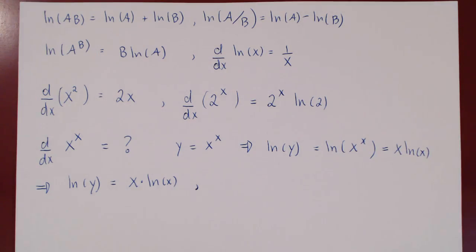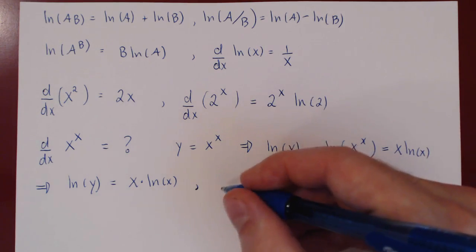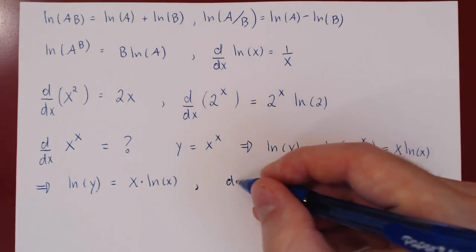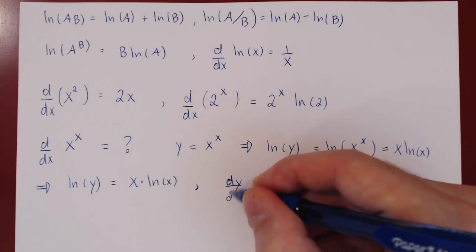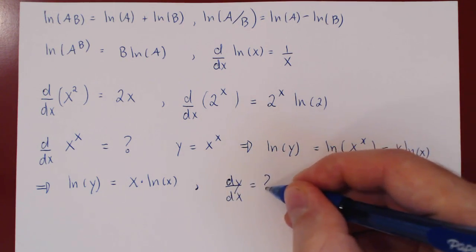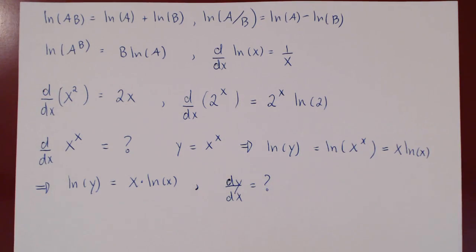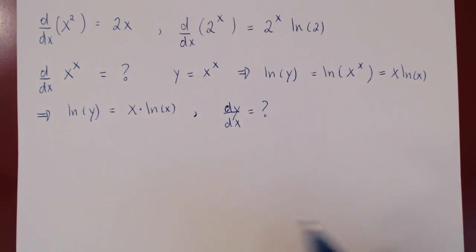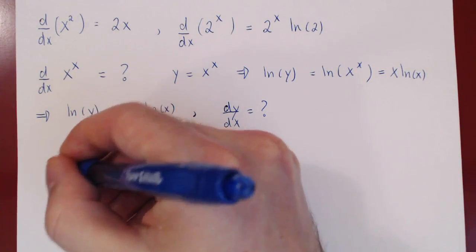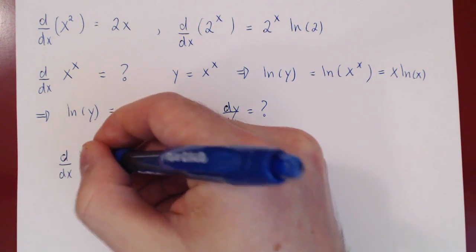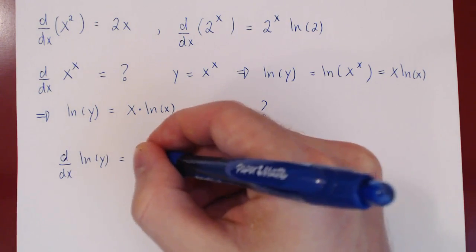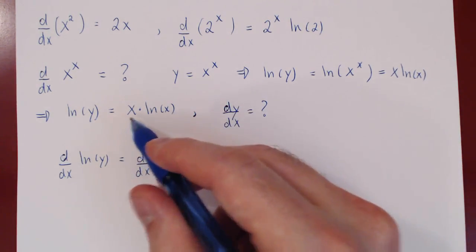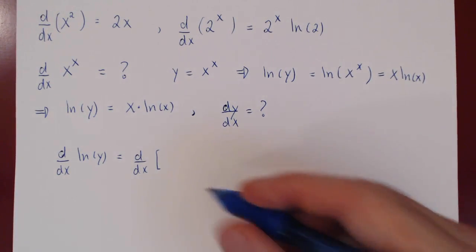So we will use here implicit differentiation, and remember that what we want is the derivative of x to the x, so we're looking for solving dy over dx. Well, let's differentiate both sides of our equality. So we have the derivative with respect to x of ln of y equals the derivative with respect to x of x times ln of x.